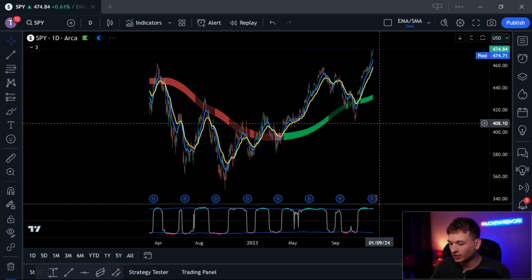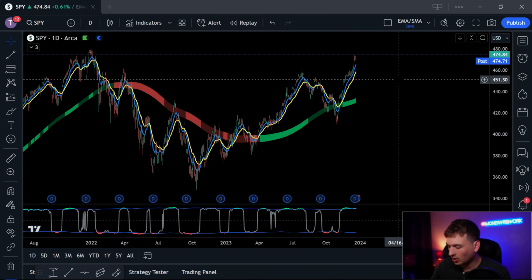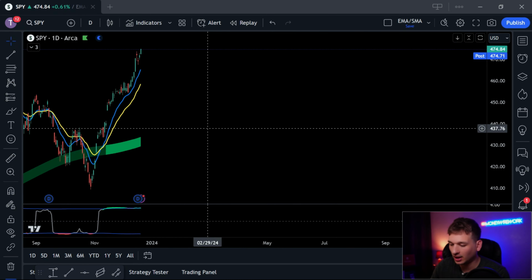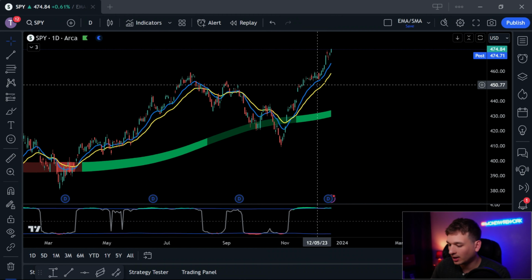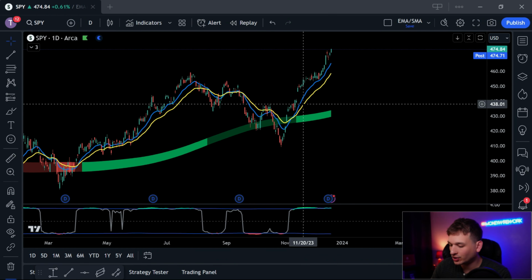So just real quick, I want to get into the S&P 500, and then we'll get into the trade call out of the day. So everything right now is bullish. We have the 7-period simple moving average above the 25-period exponential moving average, which is what we want to see for a bullish entry.